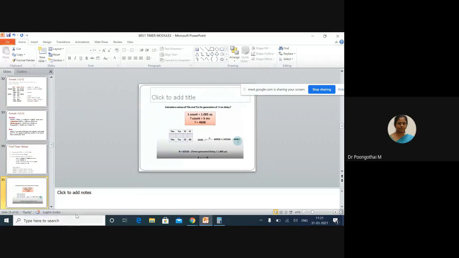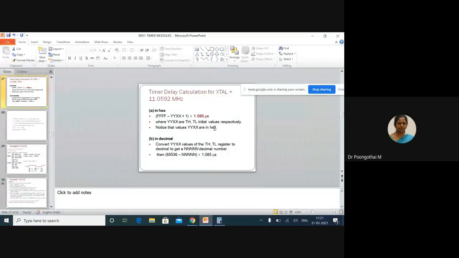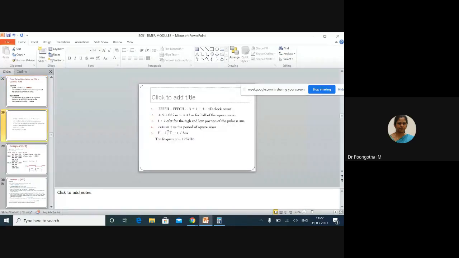Refer to slide number 35 for calculating the initial value of the timer. This is for your timer delay calculation. If the initial value is given, you calculate the time or frequency.